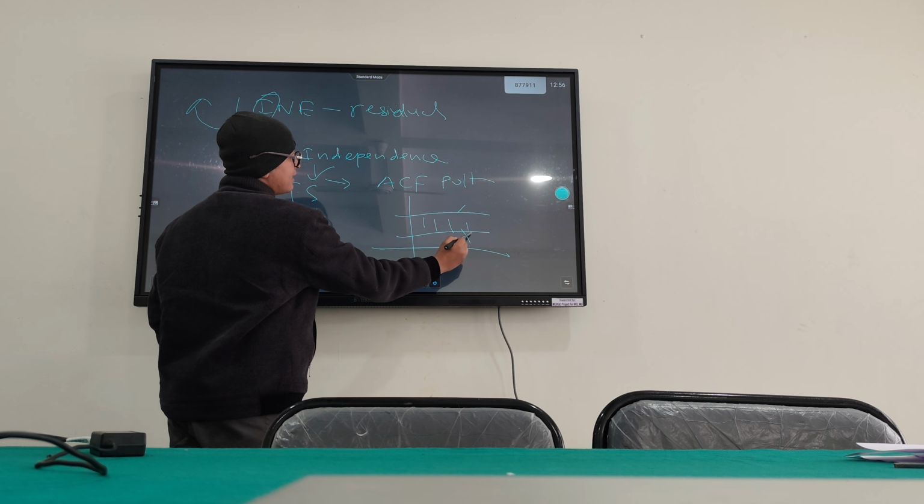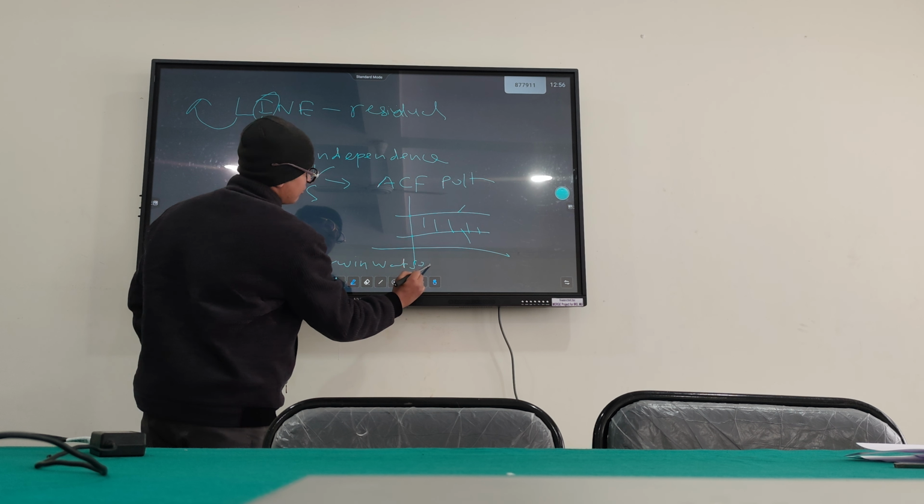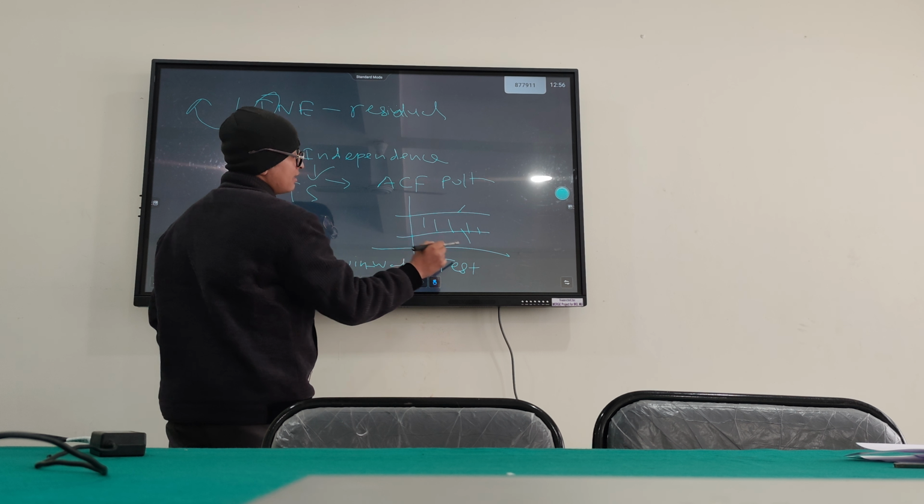There is the Durbin-Watson test. The p-value should be greater than 0.05. We can also call this a goodness of fit test. Then it is confirmed that independence is confirmed both graphically as well as through the statistical Durbin-Watson test.